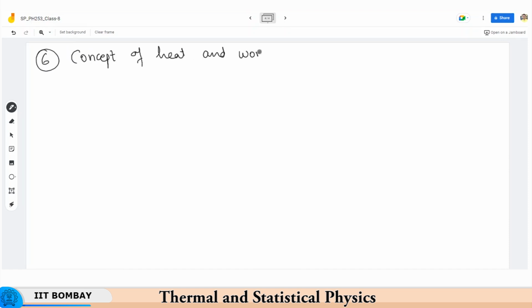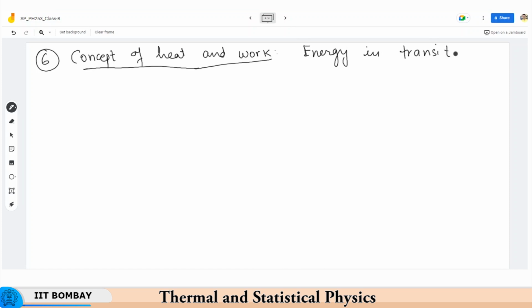Let's move on. So the next definition is basically the concept of heat and work. Okay. So we have actually defined this before as well, especially heat. So in kinetic theory, I defined that heat is nothing but the energy in transit, right? So say you have some energy in the system and it is traveling from one point to the other, and that transport of energy is typically called heat. All right. Energy in transit.